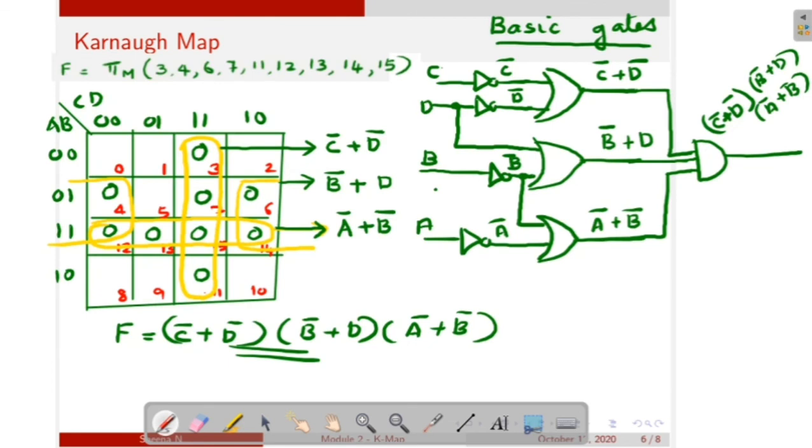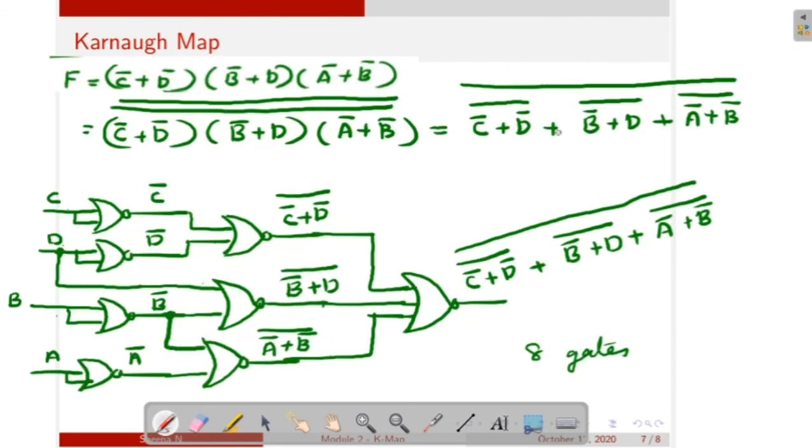But in the case of NOR implementation, here A, B, C, D are inverted, so 4 inputs for the complementation operation. Then 3 NOR gates have 2 inputs each, so there are 6 inputs.